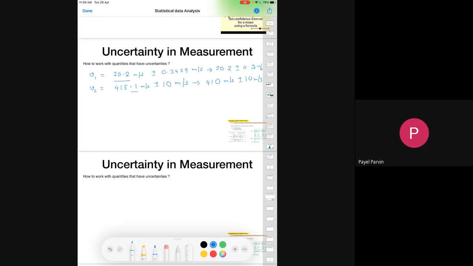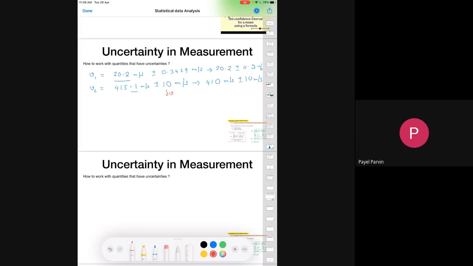Now, how do you denote these things? So this uncertainty is called delta V. Now, if you just report a delta V, it does not tell you much, as it looks as if this 10 meter per second is a larger uncertainty than the 0.3429.